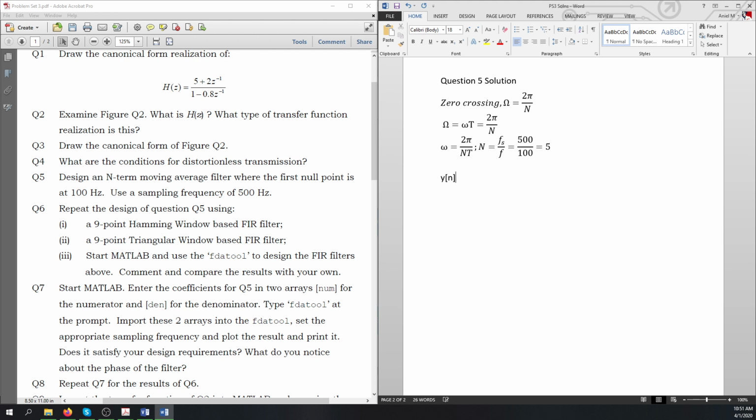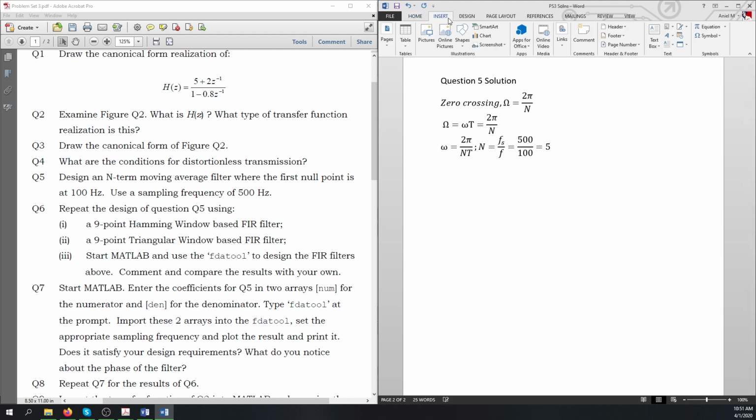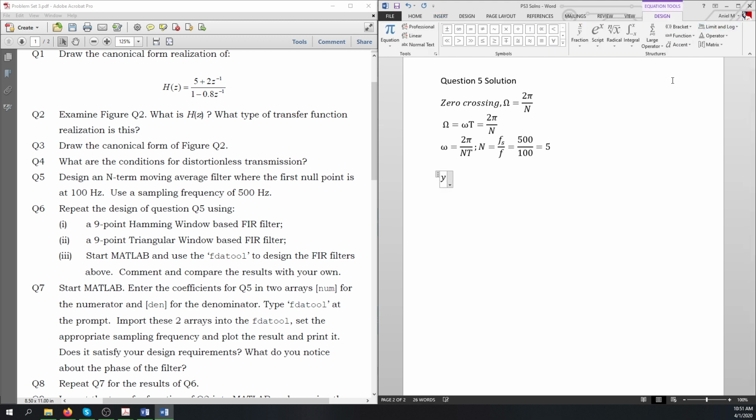Because this is a moving average filter, we basically can represent this using our standard moving average filter equation, which is going to be y of n is equal to 1 divided by n into x of n plus x of n minus 1 plus dot dot dot x of brackets n minus 1.